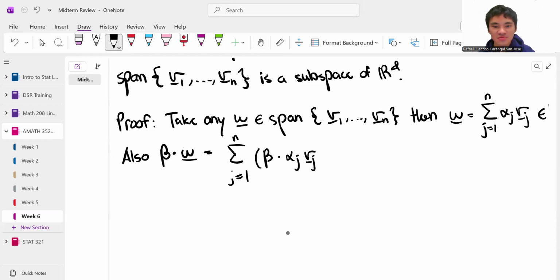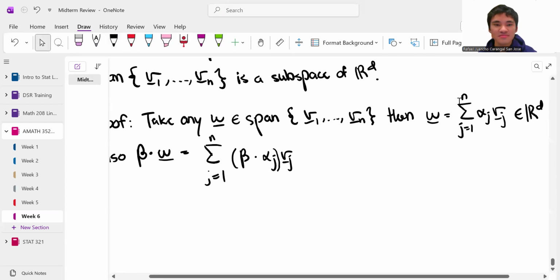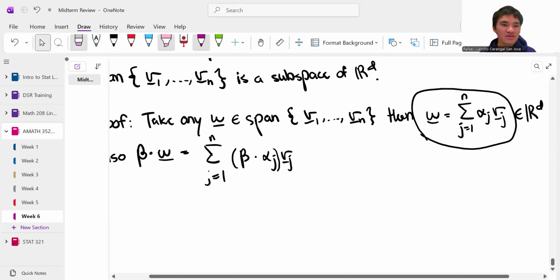Oh no, so it wants me to multiply this thing first. So here what I basically did was I multiplied this equation by beta on both sides. That's what I did.